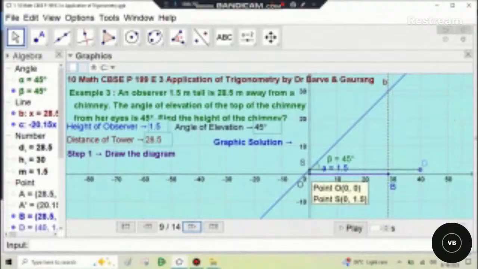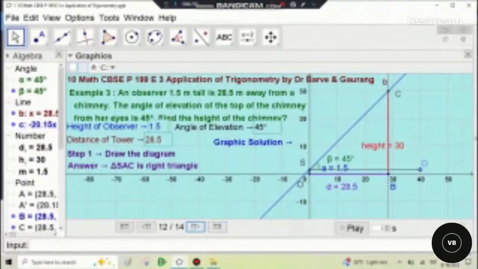So we have observer here with eye level at 1.5 meter, chimney is located at 28.5 meters, and the height of the top point is located by angle 45 degrees. So C is the top point. Okay. Now height of this particular chimney from this diagram itself has worked out to be 30 meters. This is the graphic solution.